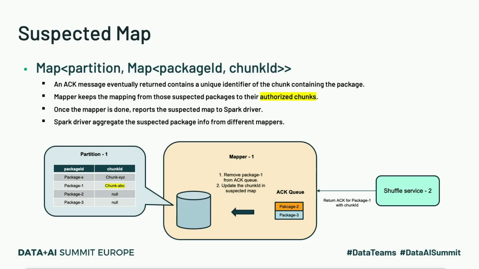And such packages would eventually be ACK'd along with a chunk ID. The chunk ID would be a unique identifier for the authorized file containing the records of the suspected package. So each mapper keeps such a mapping from the suspect package IDs to their authorized chunk IDs of each partition.